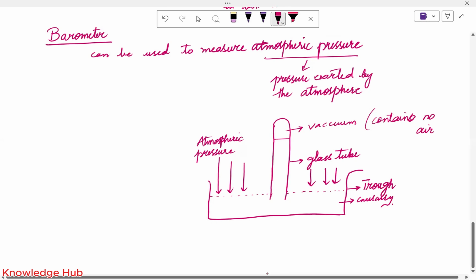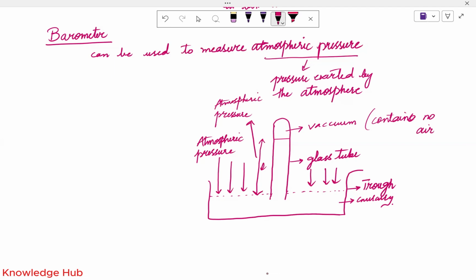So when atmospheric pressure is exerted in these places, the level of mercury here tends to rise up. The length from here till this point tells us about the atmospheric pressure, the pressure exerted by the atmosphere. If atmospheric pressure is greater, then more mercury would enter and tend to rise up.